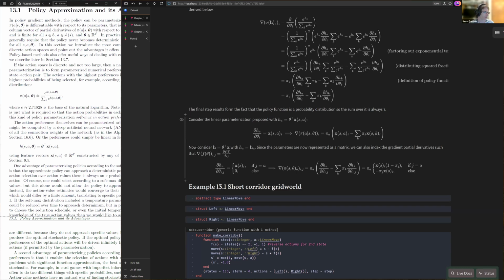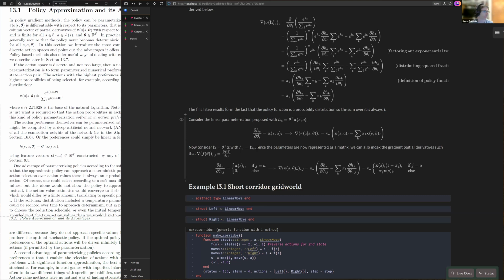And then this is the other case I mentioned, where theta is a parameter matrix instead of a vector. Here I have the feature vector in terms of both the state and the action.